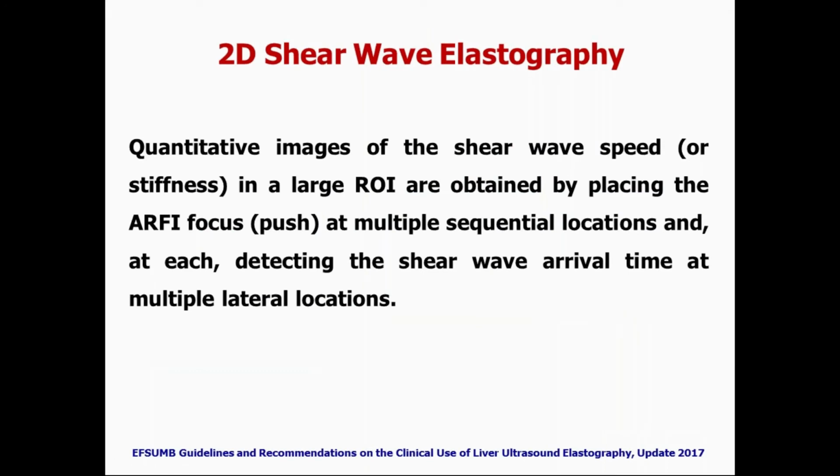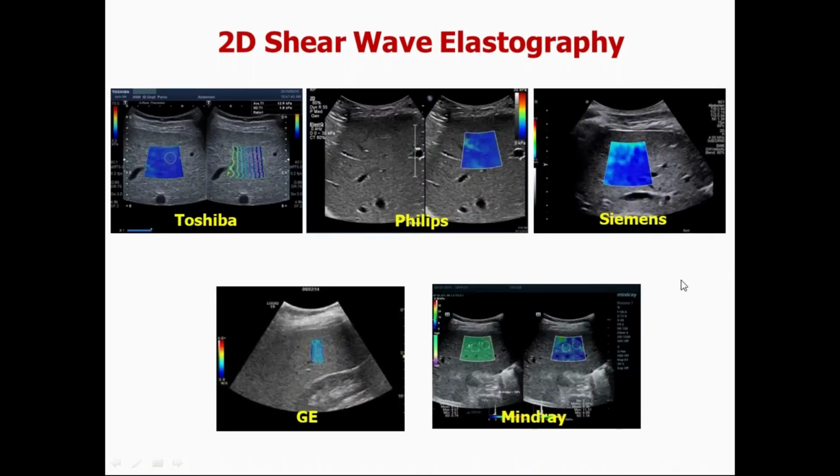As for two-dimensional shear wave elastography, we should think that it is obtained using several ARFI lines, and shear wave arrival time is detected at multiple lateral locations. These are the two-dimensional shear wave elastography techniques.